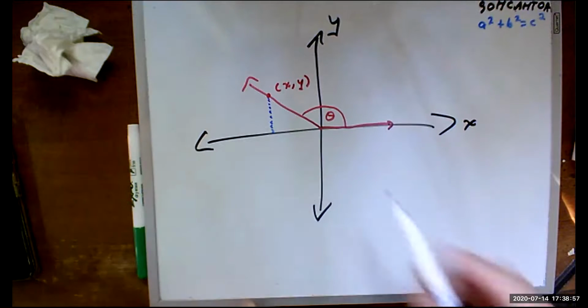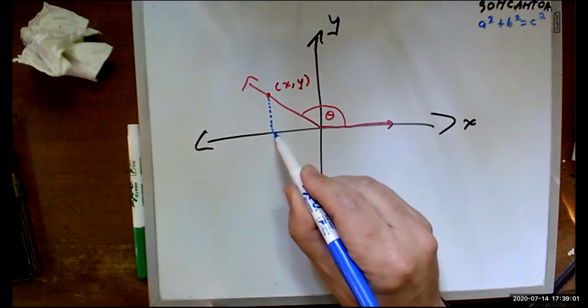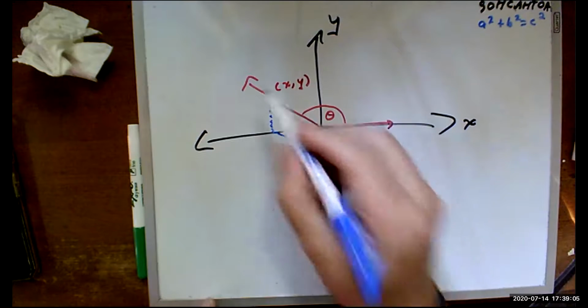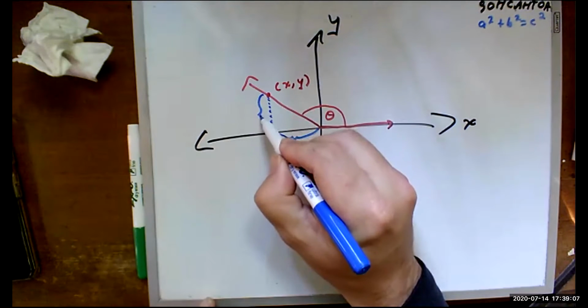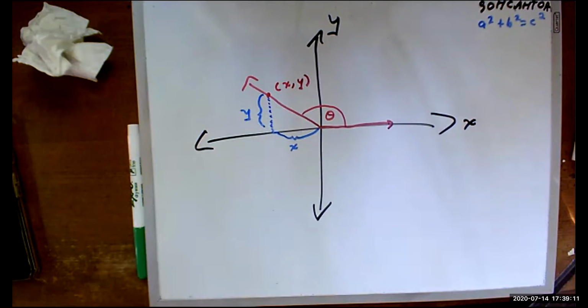Now, why is this point x, y? Well, if I go out this far, whatever this is, that's going to be my x value. And then whatever that is, that's going to be my y value.